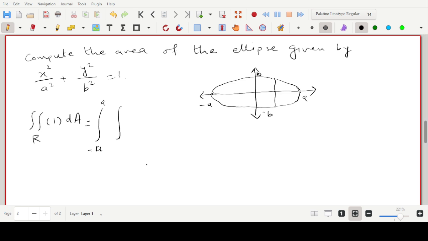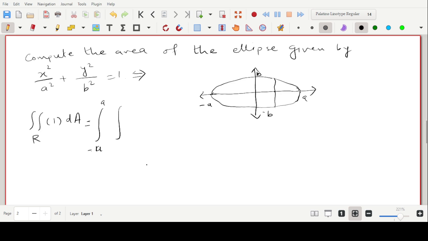This is the segment, so the length of the segment varies, so y is not varying from negative b to positive b for every x. You have to be careful about that. What are the values of y between which it varies for every x? Let us solve that, we can obtain it using this equation.